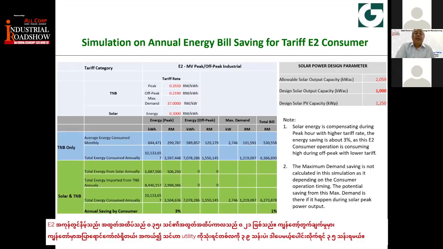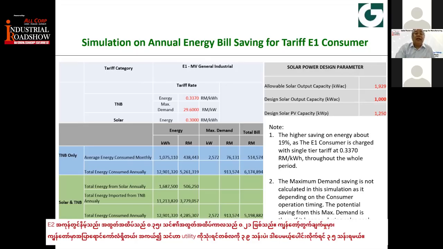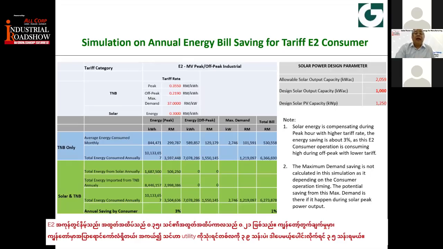For tariff E2, the rates are lower. If you look at tariff E1, the tariff is 33 cents on energy, and for solar we charge only 30 cents. In the E2 tariff, your peak is 35 cents, and your off-peak period is only about 21 cents, so there are two categories of tariff. Again, in my calculation, I have the blue column.